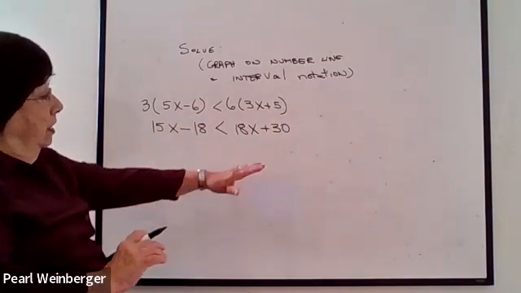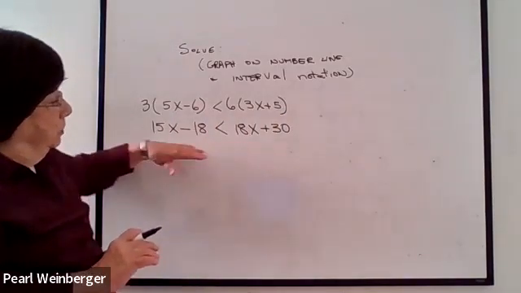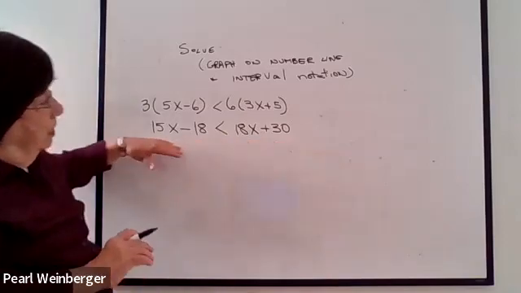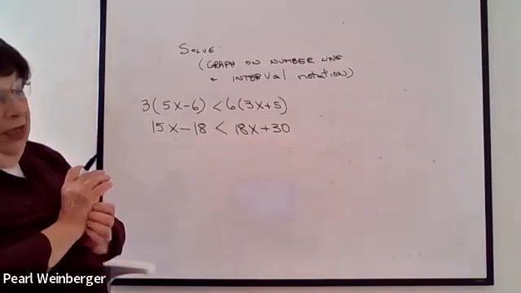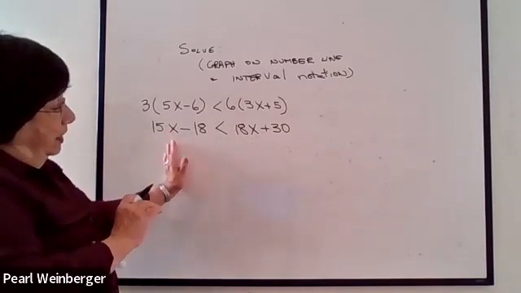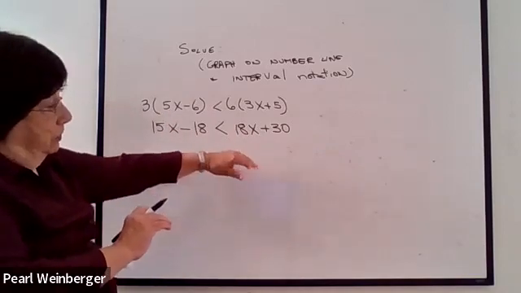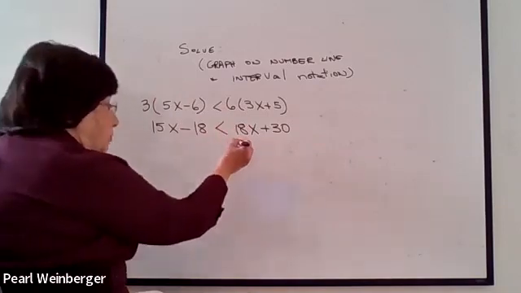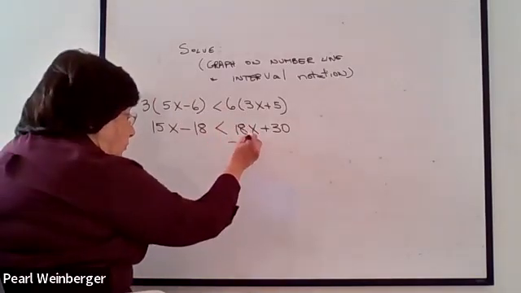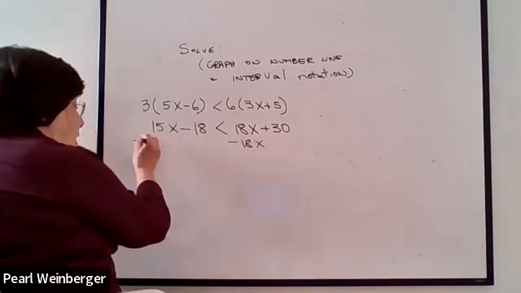Now there are no like terms to be collected on either side. So now we want to start moving things. And remember, we want to get the x's on the left, the numbers on the right. So I have to get rid of this 18x over here. So I'm going to minus 18x from both sides.